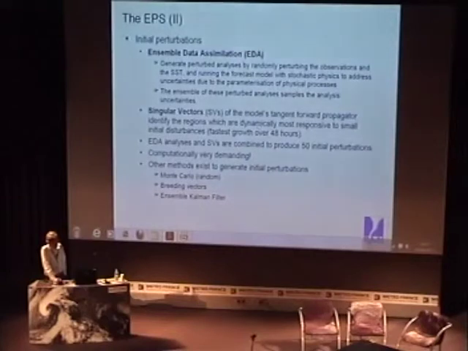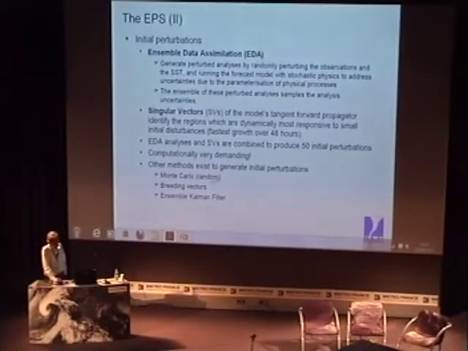You have a combined set of EDA analyses and singular vectors, and you produce your 50 initial perturbations. Needless to say, it's computationally very demanding, but this is now thought to be the best way to assess the initial uncertainties in the forecast.